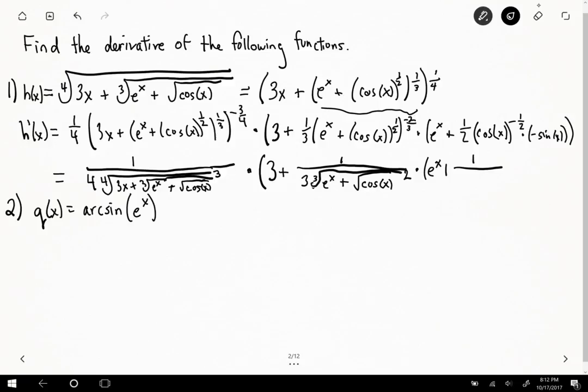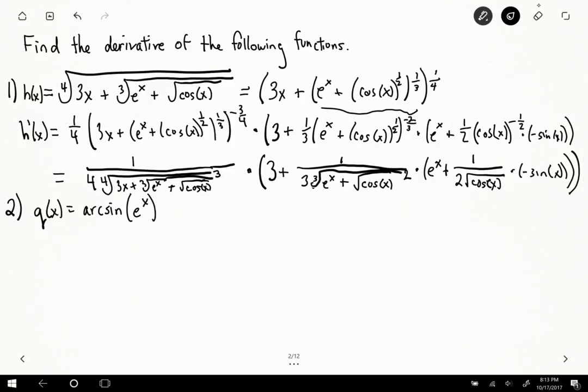Oh, this is plus 1 over 2 square root of cosine x. And all that's times negative sine x. Now hopefully this shows you how this stuff works a little bit. And we'll close off that parentheses, so that we got that one, and now we need to close off the 3 plus. Okay, so there we go.